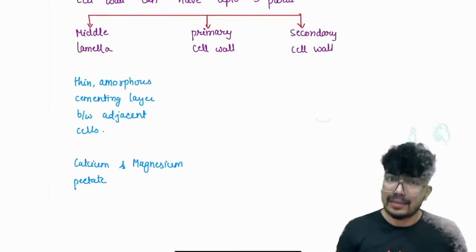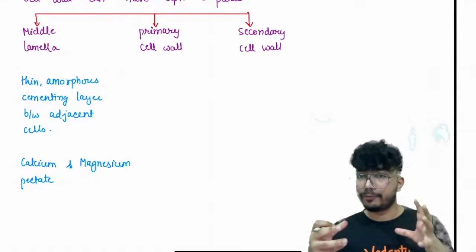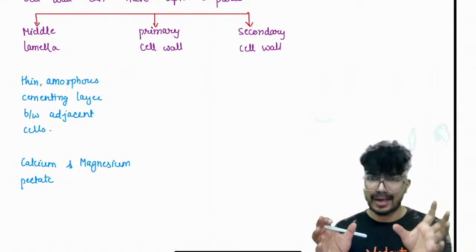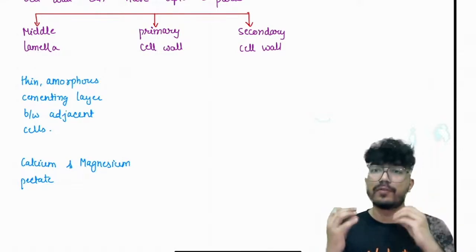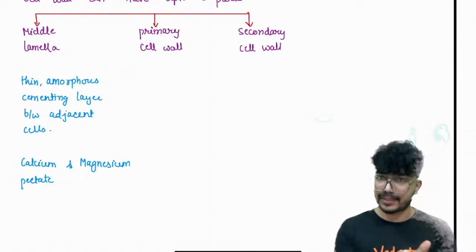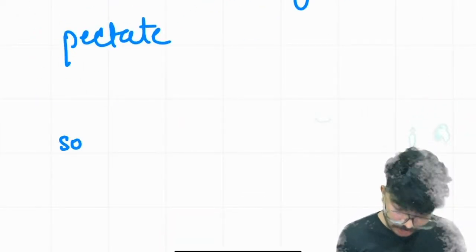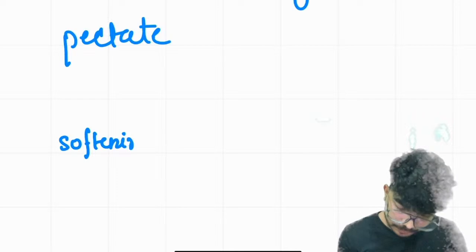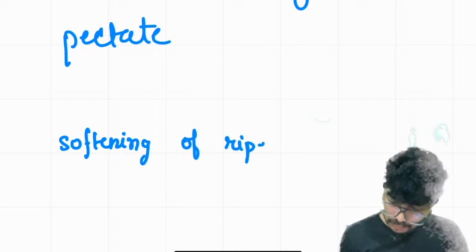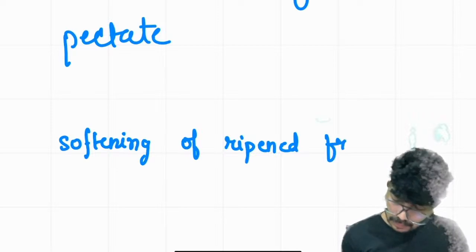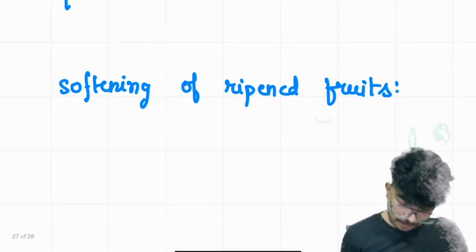One very important point: during the ripening of the fruits, the fruits after they ripen become soft. That softening is due to the partial solubilization of the middle lamella into a jelly-like substance. So the softening of ripened fruits is due to the partial solubilization of the middle lamella.